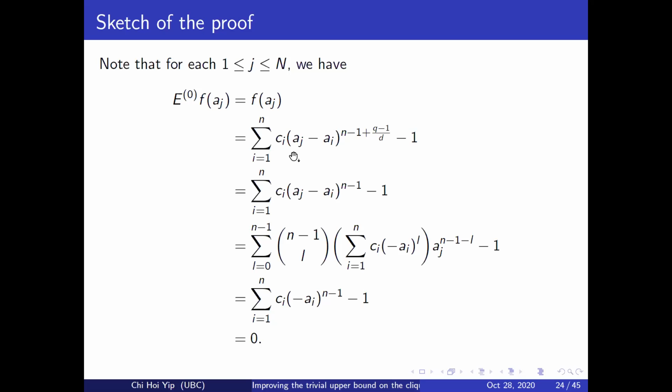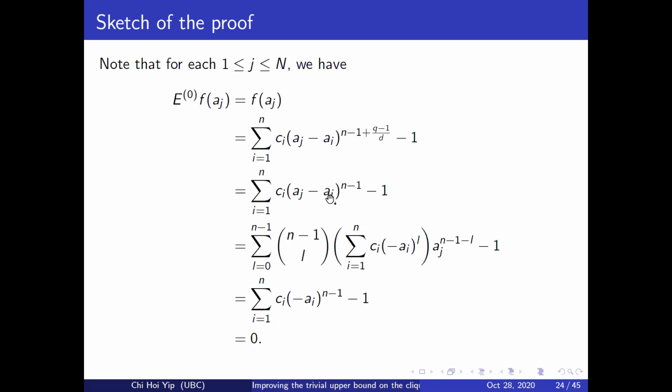Now we will see this polynomial captures the properties of the problem, because by definition of the generalized Paley graphs, each a_j minus a_i is this power in F_q star. If we take the (q minus 1) over d power, then it becomes 1. So that means we can remove this power to get this n minus 1 power.